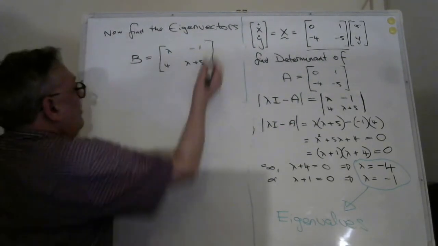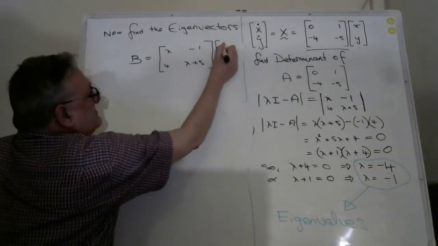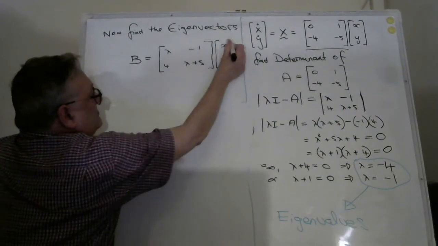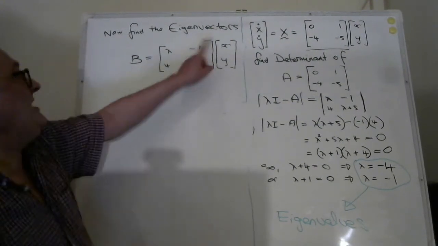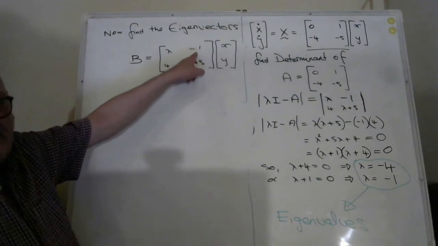Right, okay. Now, I'm going to put the X and the Y in there as well, because when it's a matrix, there's got to be X and Y values in it.